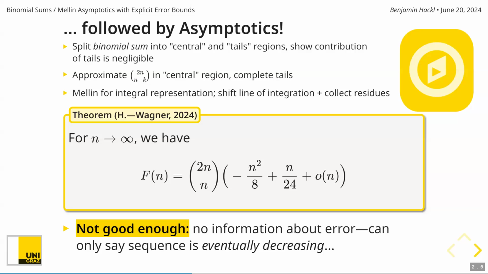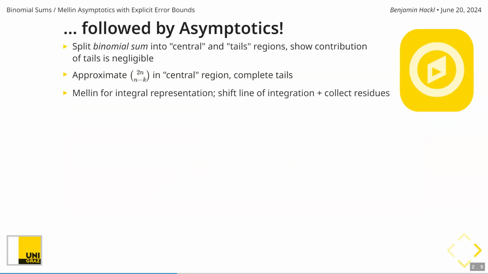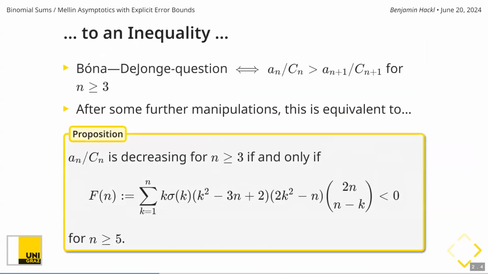We've tried whether we can see some sort of more or less obvious, or less obvious, to be honest, recurrence for this guy here, but there was no real chance of getting anything that was helpful.